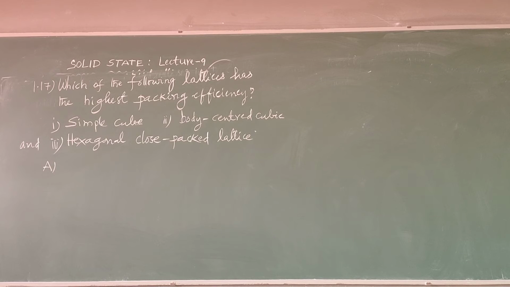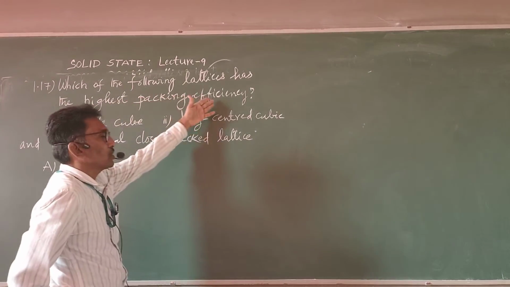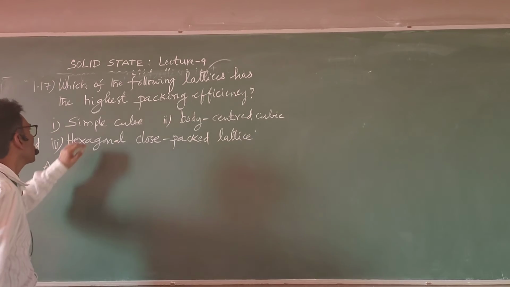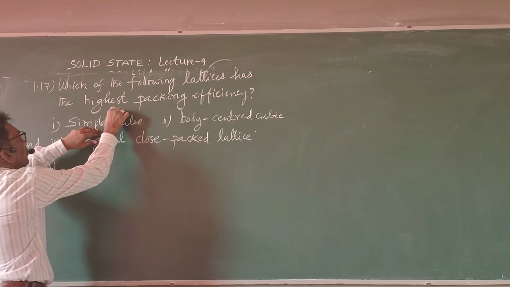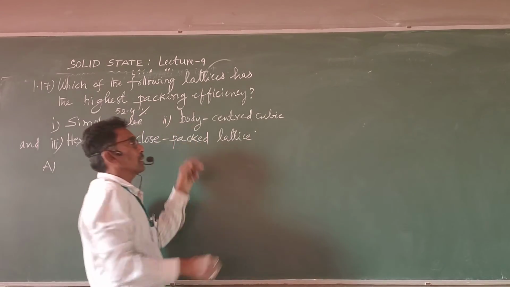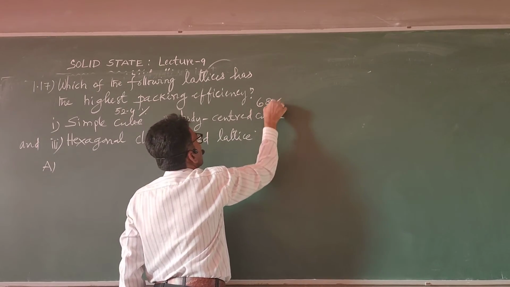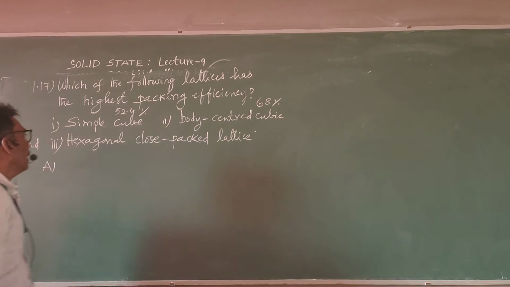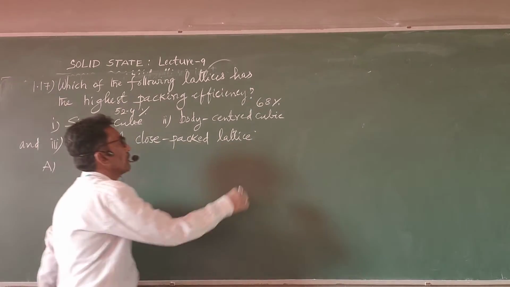Look into this question, dear students. Which of the following lattices has the highest packing efficiency? Packing efficiency we already discussed. Simple cube is 52.4%, body centered is 68%, and hexagonal is 74%.